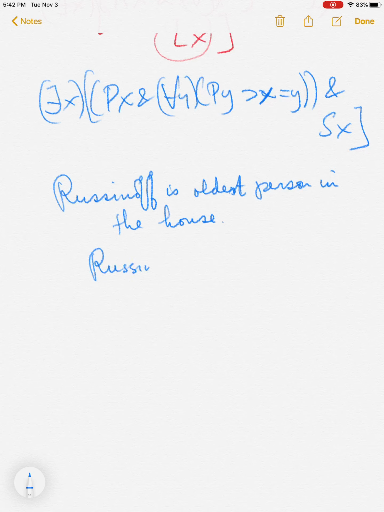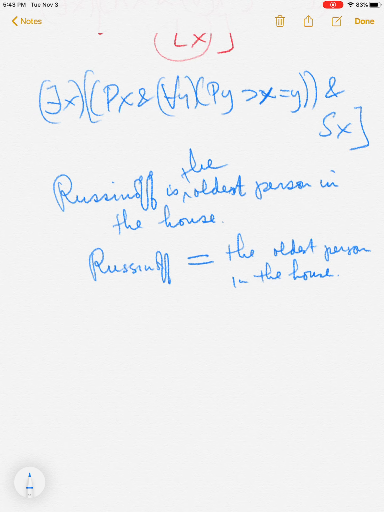Basically, I'm saying Russinoff is identical with the oldest person in the house. It's different from predicating being the oldest person in the house. Whoops, I left out the, which is an important part of the sentence. I'm actually saying that I am identical with the oldest person in the house.